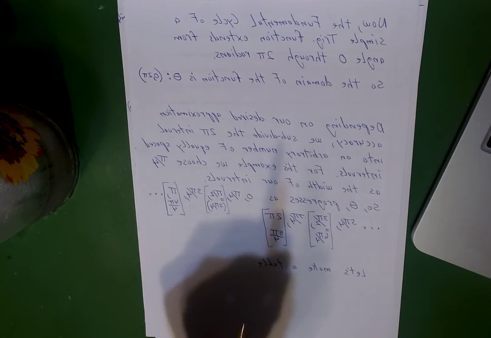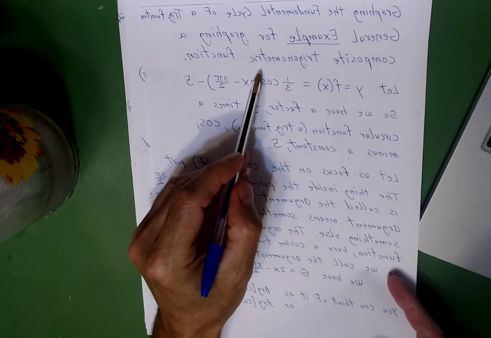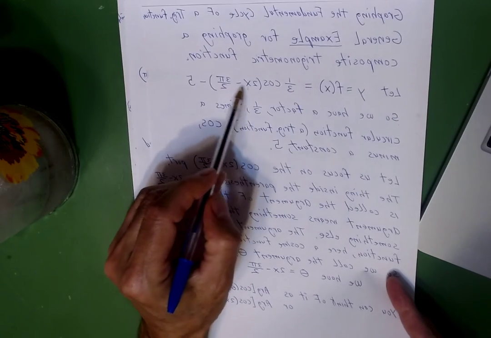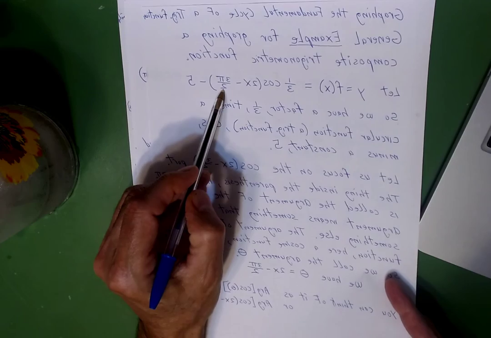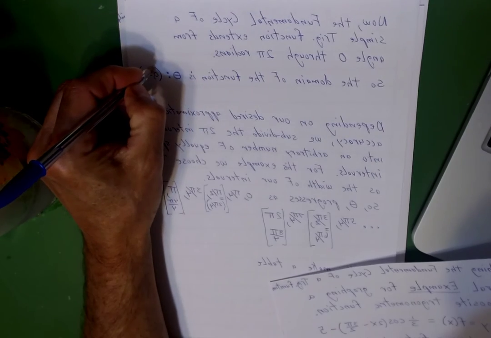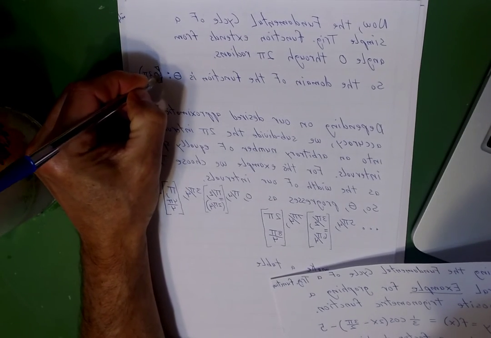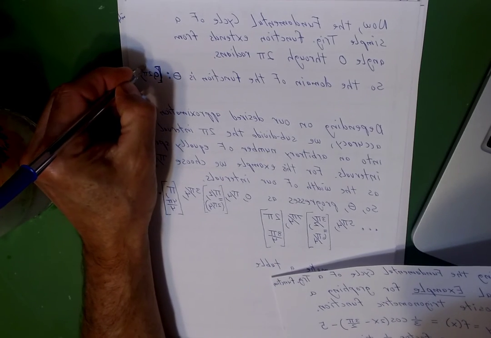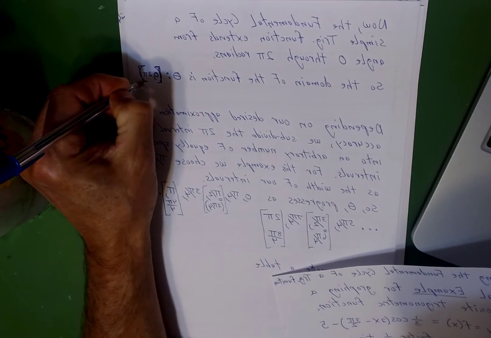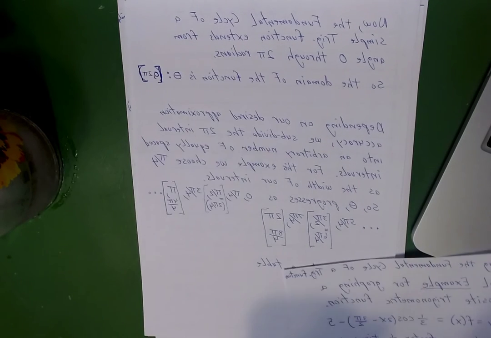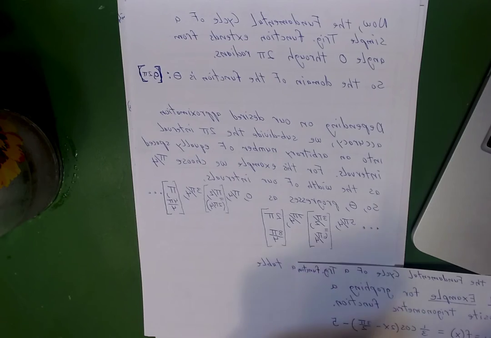So the domain of this function, cosine of the quantity 2x minus 3 pi over 2, is, actually I should put a square bracket here because it includes these endpoints, okay? 0 to 2 pi. So that's the domain of this fundamental cycle of the cosine function, okay?